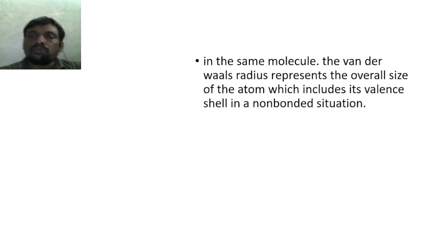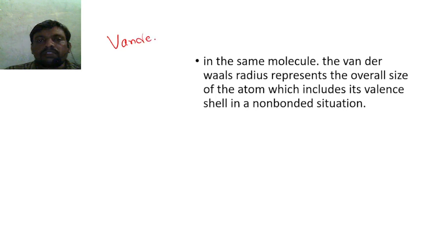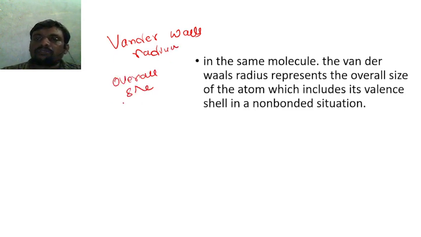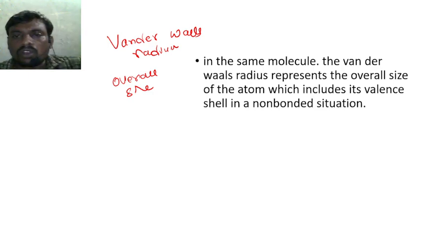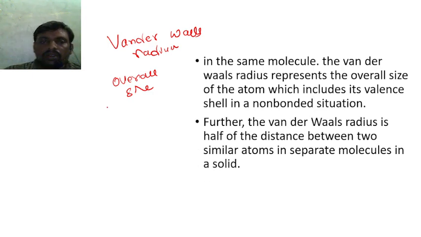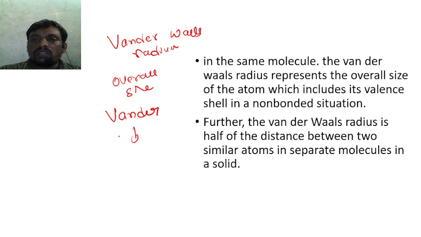In the same molecule, the van der Waals radius represents the overall size of the atom, which includes the valence shell in a non-bonded situation. What is the van der Waals radius?